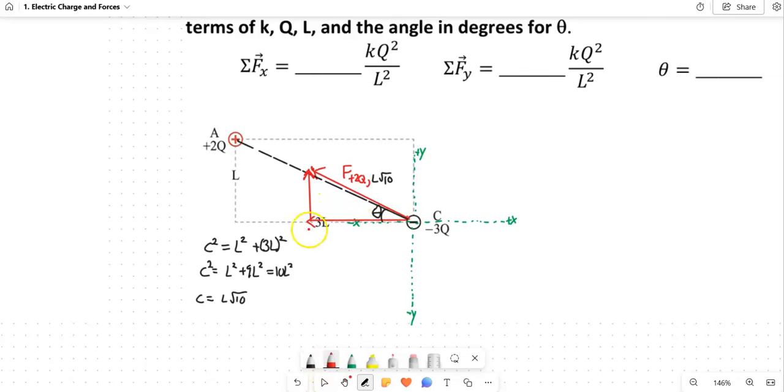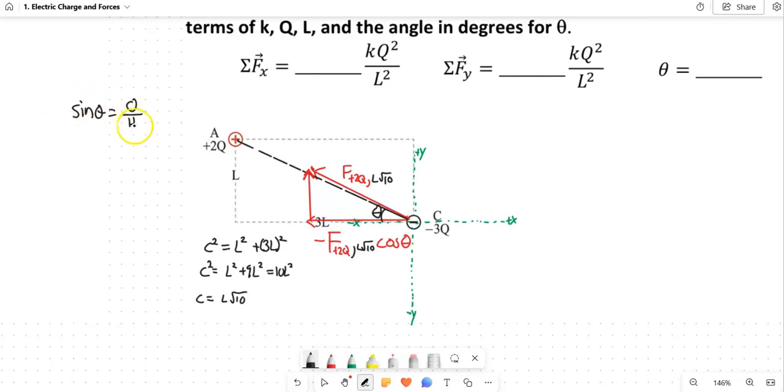This horizontal vector is pointing to the left, and it's going to be the hypotenuse, F positive 2q, comma, L square root of 10, and this side is physically touching theta, and so that's going to be the cosine of theta. How I got that: you have sine of theta, which is equal to opposite over hypotenuse.